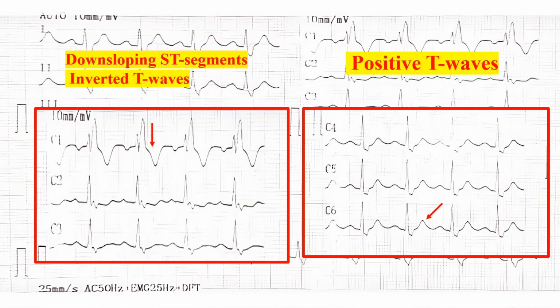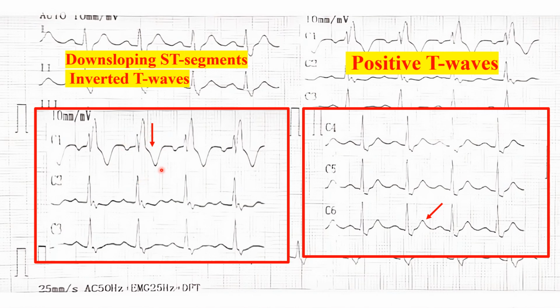Another thing that needs to be noticed is the inversion of the T waves. Whenever there is a right bundle branch block, we can see these inverted T waves. We should not confuse this with ischemia or something else, as this has to do with the depolarization issues.